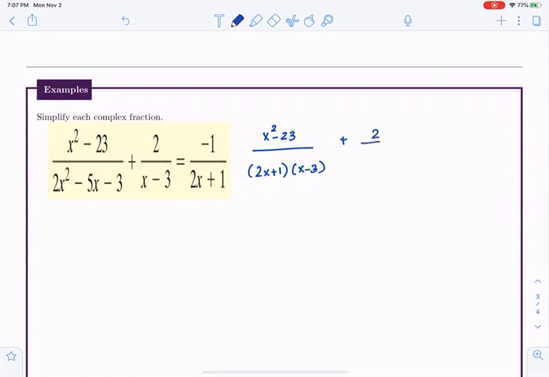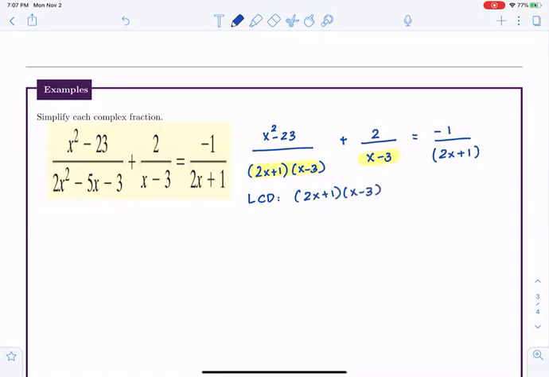Plus 2 over x minus 3 equals negative 1 divided by 2x plus 1. The LCD between those two terms is 2x plus 1 times x minus 3.